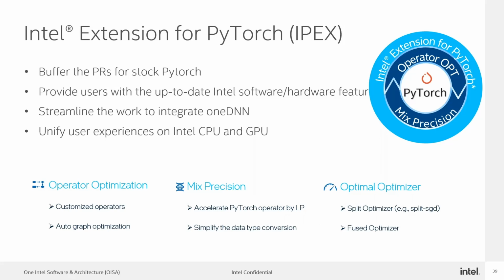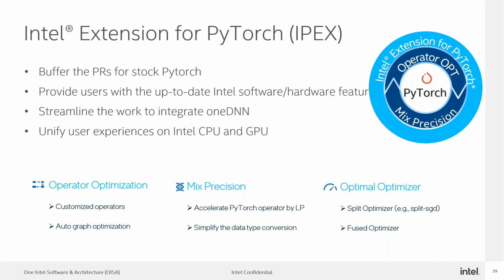So Intel Extension for PyTorch, short for IPEX, is a buffer of PRs for stock PyTorch. It provides users with the up-to-date Intel software and hardware features. And also this IPEX will unify the user experience on Intel CPU and GPU.